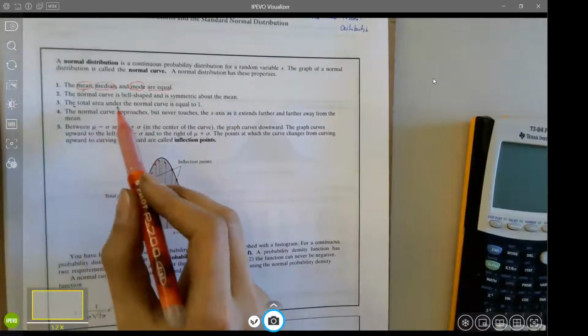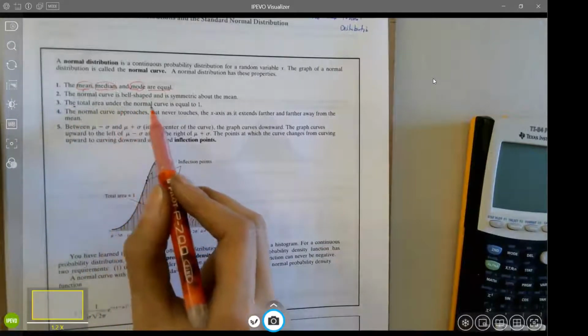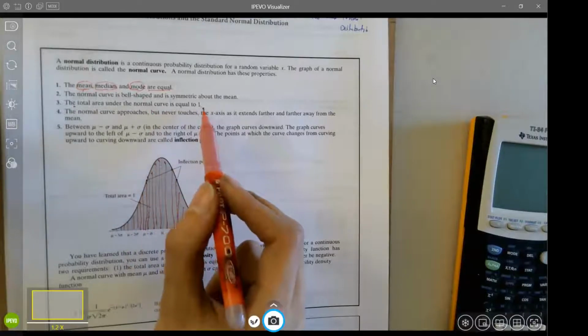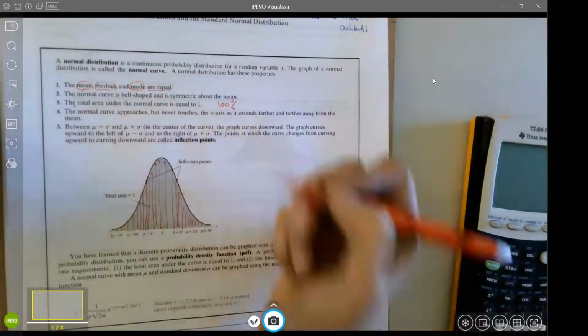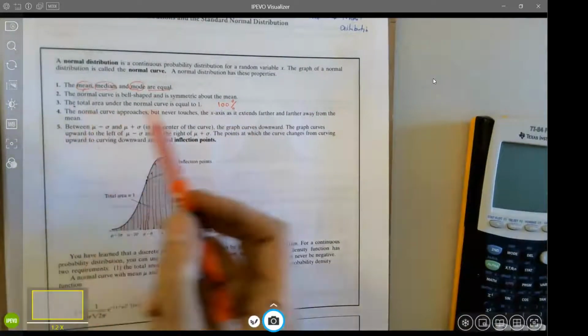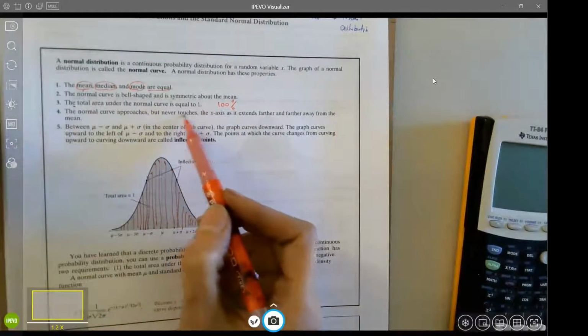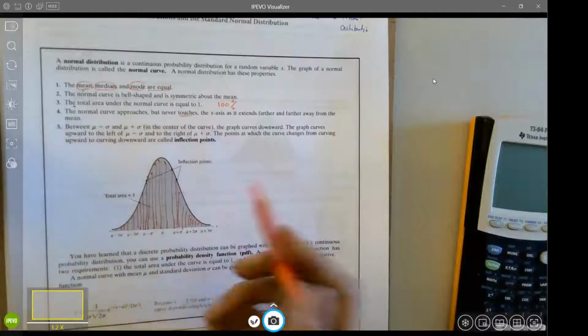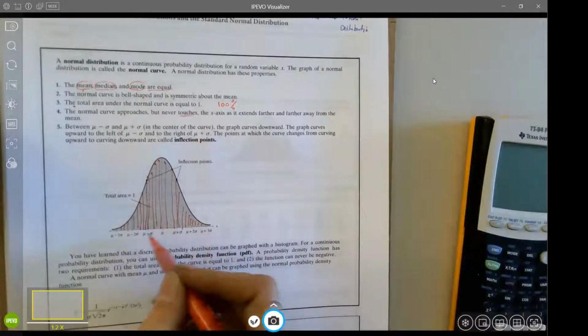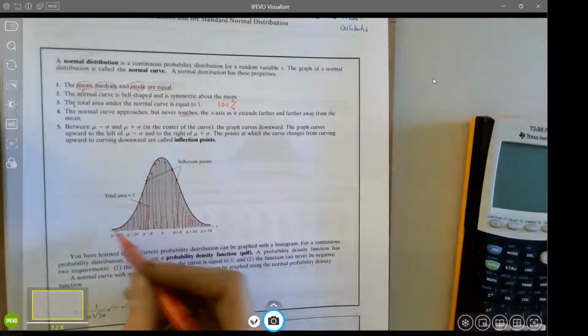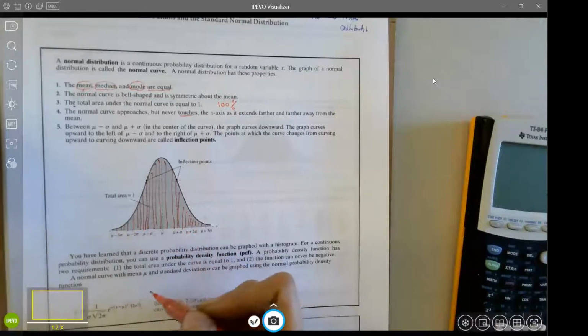The total area under the normal curve is equal to 1 or 100%. The normal curve approaches but never touches the x-axis. So as you can see, there's always a gap in between the x, horizontal axis, and the tails of the graph.